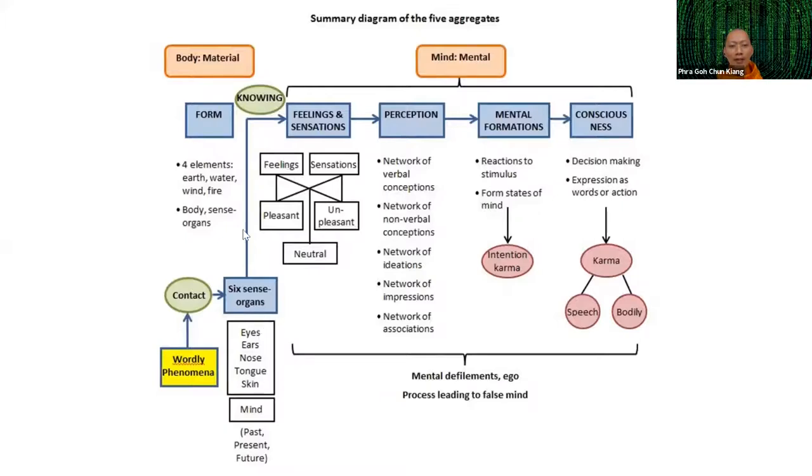When we have contact with worldly phenomena, let's say you have the screen in front of you, you're using your eyes, so therefore you have eye consciousness. This is how it works. Because the image is present, your organs, that means your eyes, are functioning, and the conditions are right, the lighting is there, eye consciousness arises.